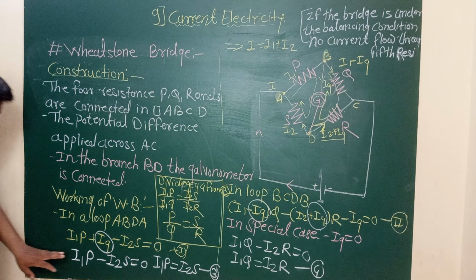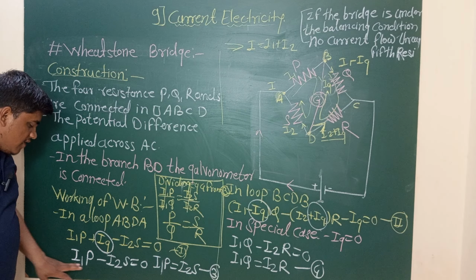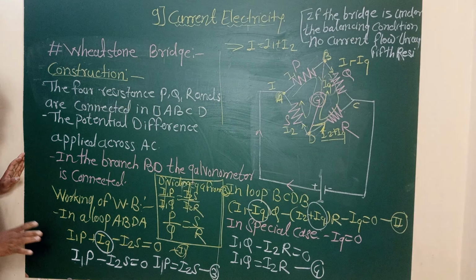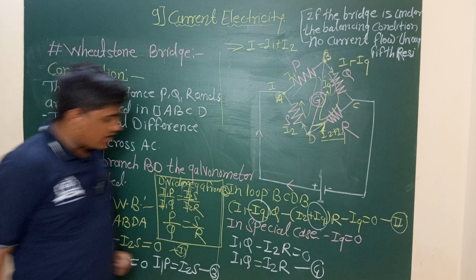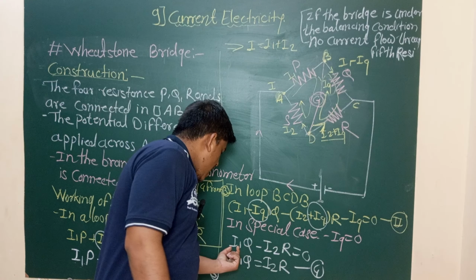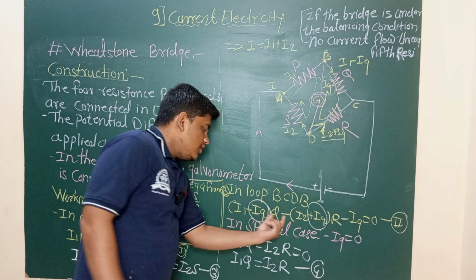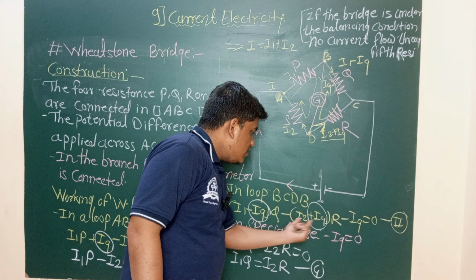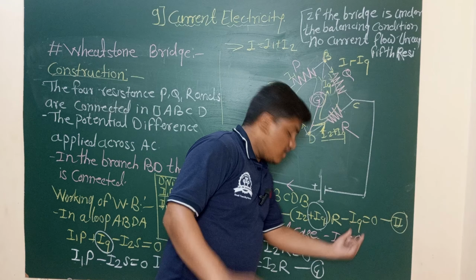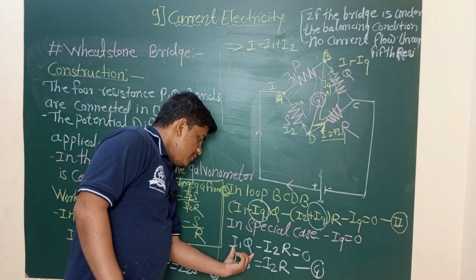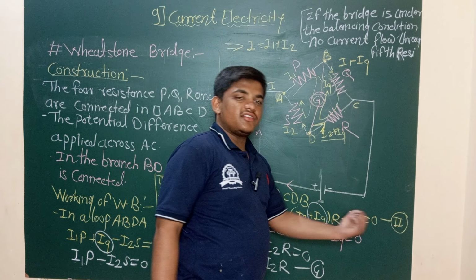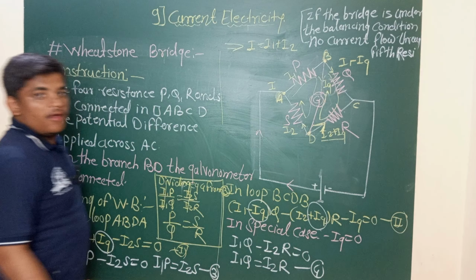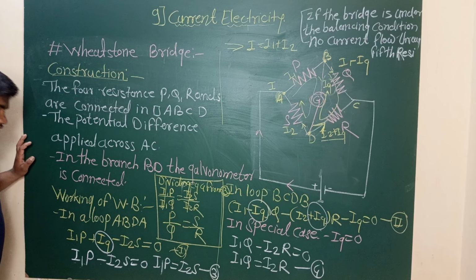We get the new equations: I1P minus I2S is equal to 0, because Ig is 0 in a special condition. In the second equation, I1 into Q minus I2 into R must be equal to 0. The negative term moves to the other side of the equality sign and becomes positive.